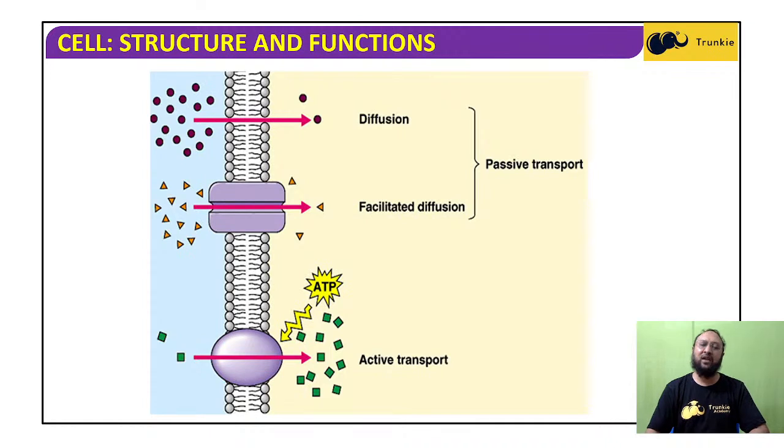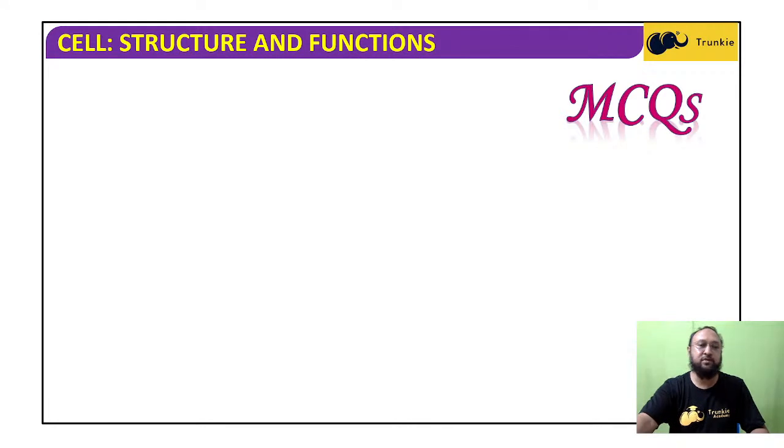The only difference is that in facilitated diffusion there is a protein channel through which the molecules move in or out, along the concentration gradient. But in active transport, it is energy that helps to drive the molecules from lower concentration to higher concentration. Now I'll go through some important questions.